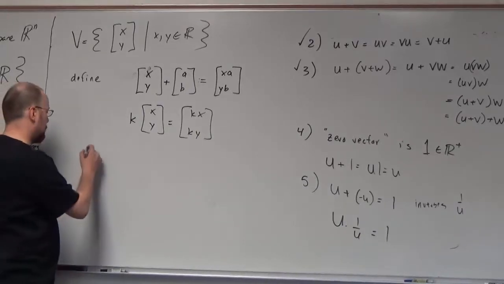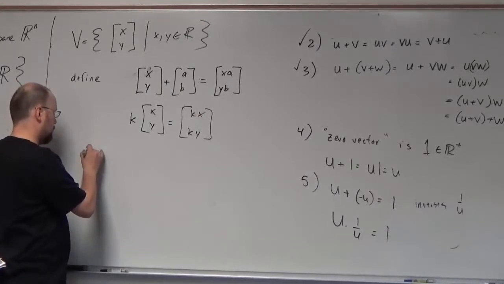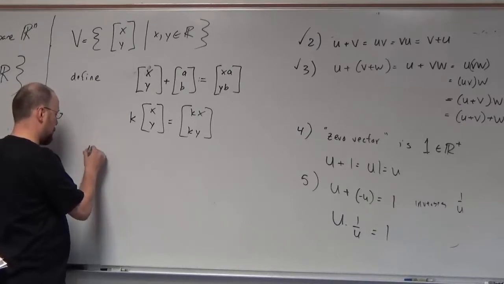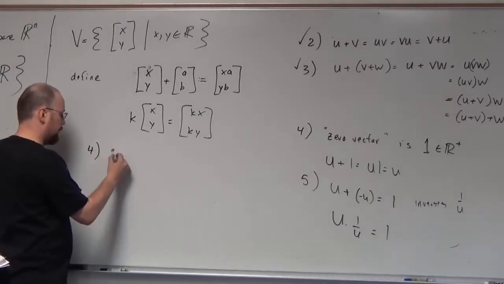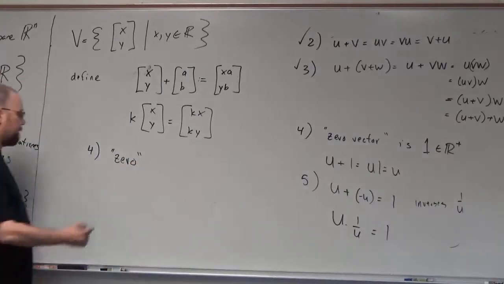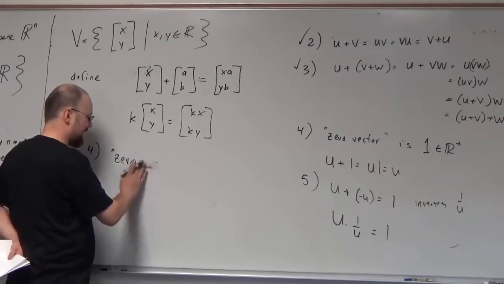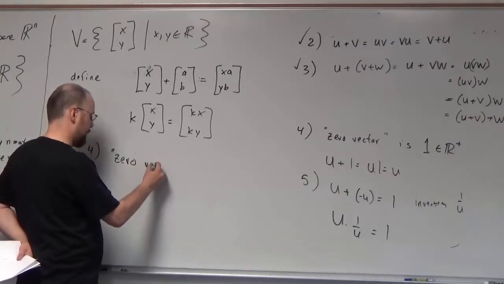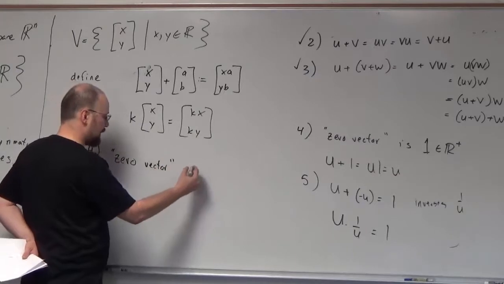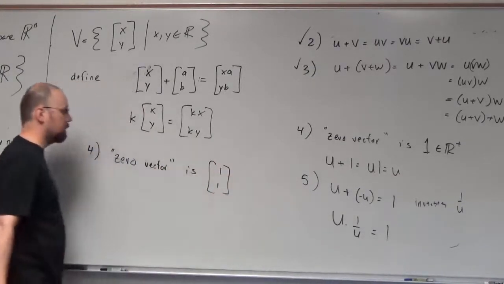What do you think that would be? So that's an axiom. What's our zero in this vector space? I wish they called it additive identity. Well, it would have to be the vector 1, 1, the ordered pair (1, 1).